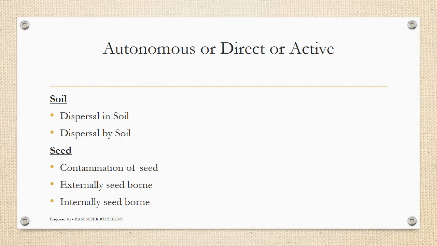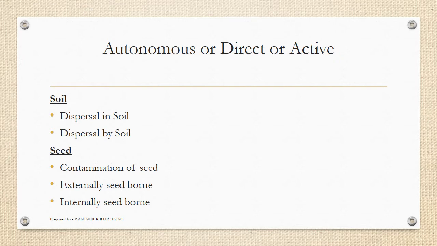So in this slide autonomous methods are listed. There are basically two methods, by soil or by seed. The dispersal by soil is basically categorized into two parts. There can be dispersal in soil, or there can be dispersal by the soil, in which the soil acts as a vector, and in the first one the dispersal occurs within the soil.